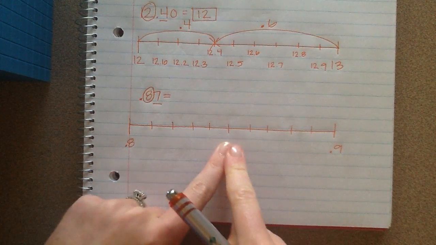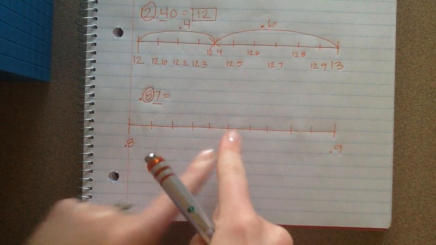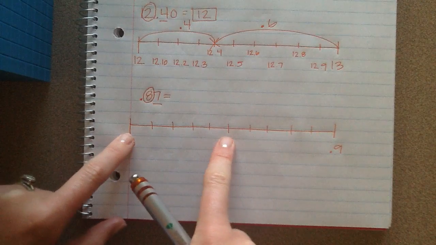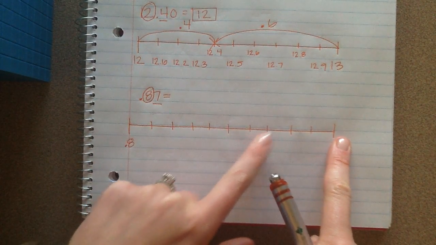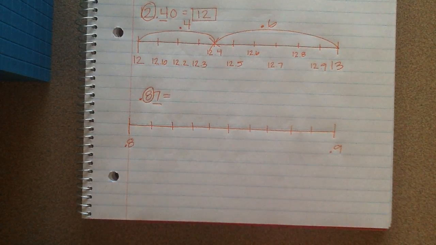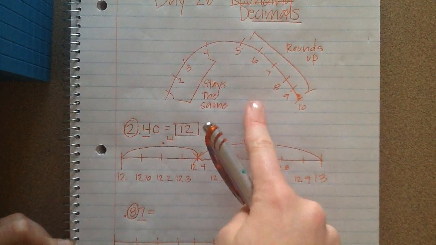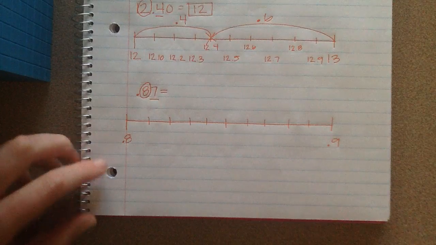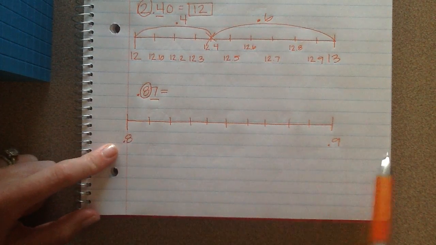So what I did is I put a line in the middle, because that's going to represent my 5. Okay, and then I put 4 in between these two. 1, 2, 3, 4. And then 4 in between these two. 1, 2, 3, 4. That's the teacher's secret way of making sure it's kind of even and it's not all scrunched up together like I accidentally did above here. So the number, if it stays the same, is down here, and if it rounds up, it stays here.